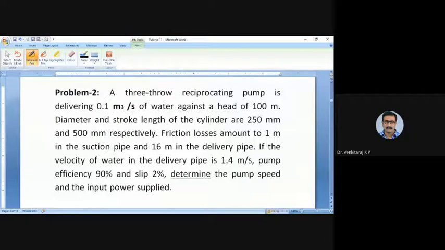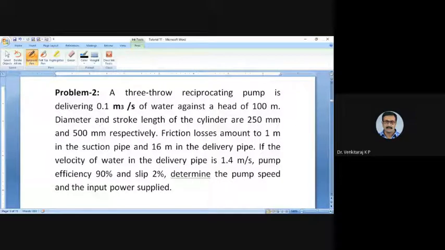For the second problem, a three-throw reciprocating pump is delivering 0.1 meter cube per second of water against a head of 100 meter. Diameter and stroke length of the cylinder are 250 mm and 500 mm respectively.